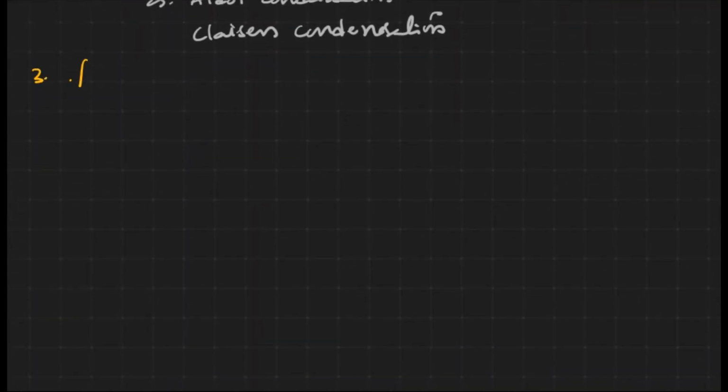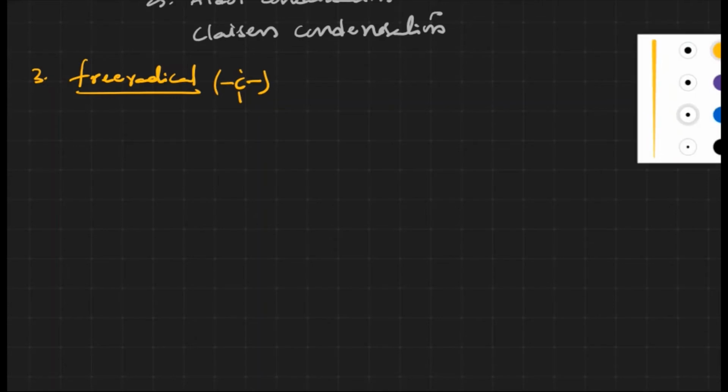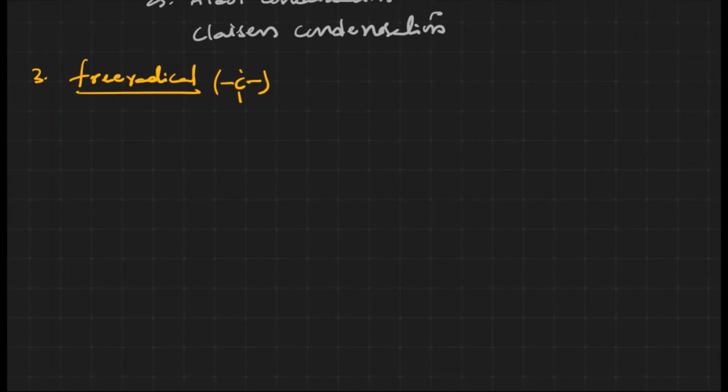Third one is going to be free radical. We have already discussed what that is, how free radicals are formed by homolysis, and what conditions are required. Free radicals are intermediates in all kinds of photochemical reactions or free radical reactions.